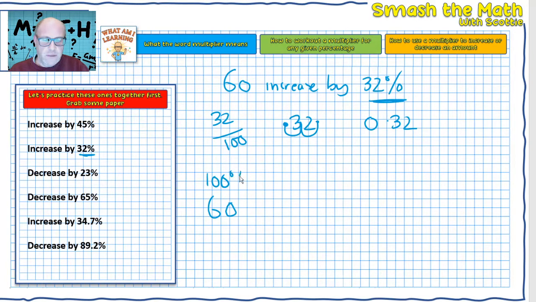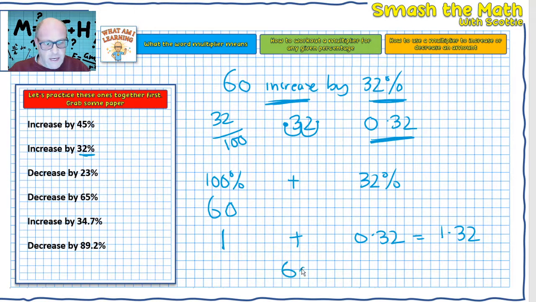That's the whole thing. I'm starting with the whole thing. I'm adding on, because I'm increasing, 32%. Okay, so 100% as a multiplier is 1, plus 32% as my multiplier. Okay, so that is 1.32. So that's my multiplier to increase that amount by 32%.